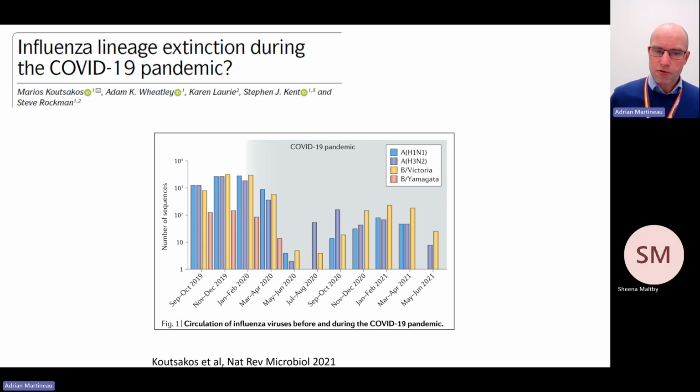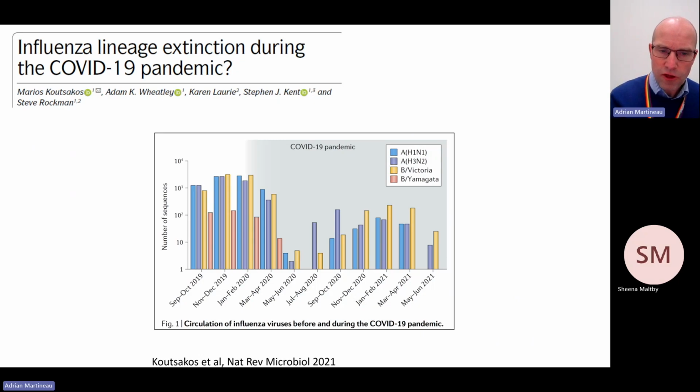Now, this is something of a first, and the reason for it is very interesting and is illustrated here in this graph from a paper by Koutsakis and colleagues published in Nature Reviews Microbiology. What you can see along the x-axis, the horizontal axis here, is the date, and here you can see basically the number of cases of different viruses that have been isolated within a given geographical area.